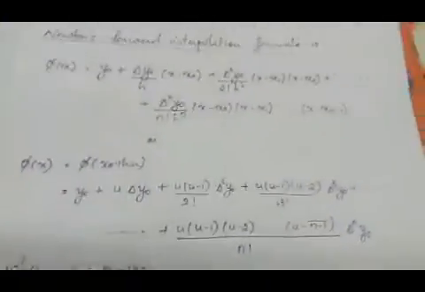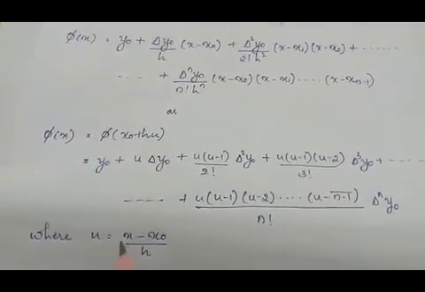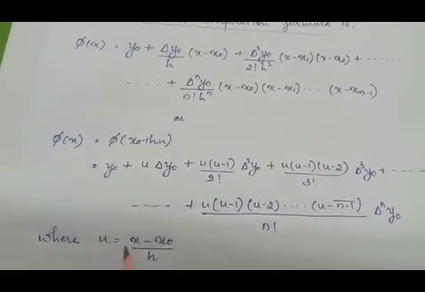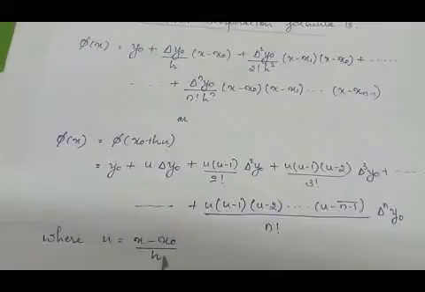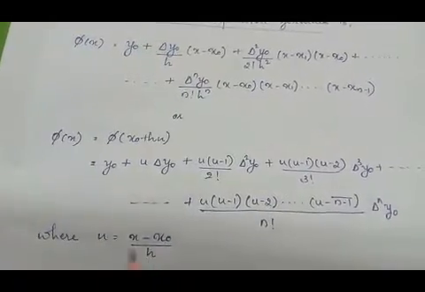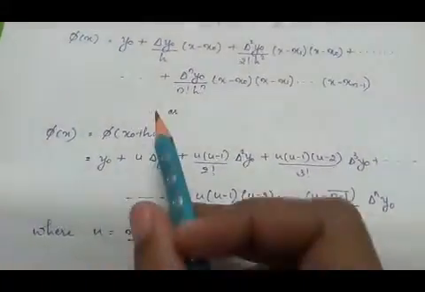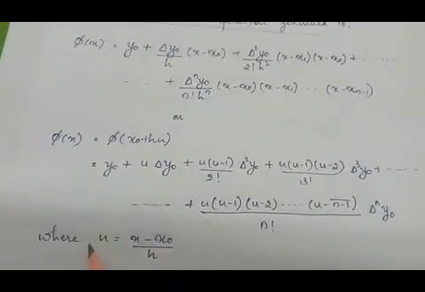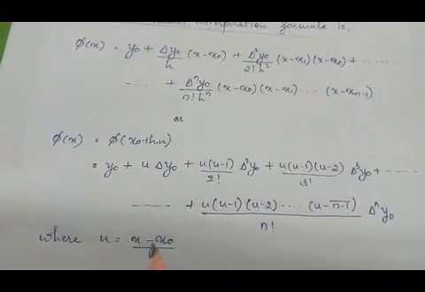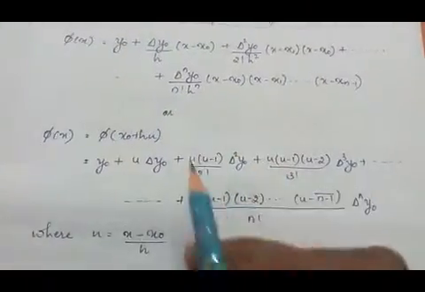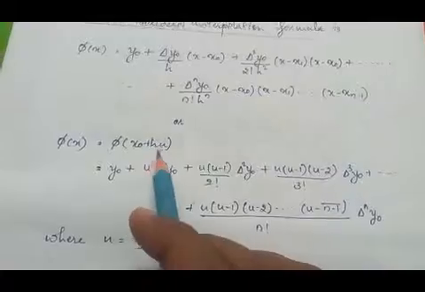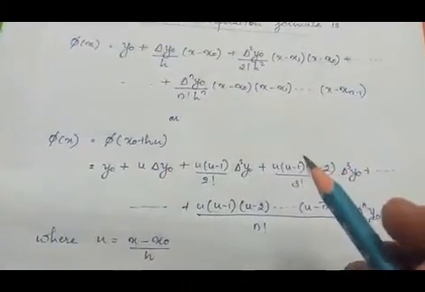It is obtained from u equal to x minus x0 by h. By simplifying this, you will get a value for x: first we will multiply h to u, you will get hu. Then putting x0 on the left side, we will get x0 plus hu, which is equal to x. So instead of phi of x, we can write phi of x0 plus hu.